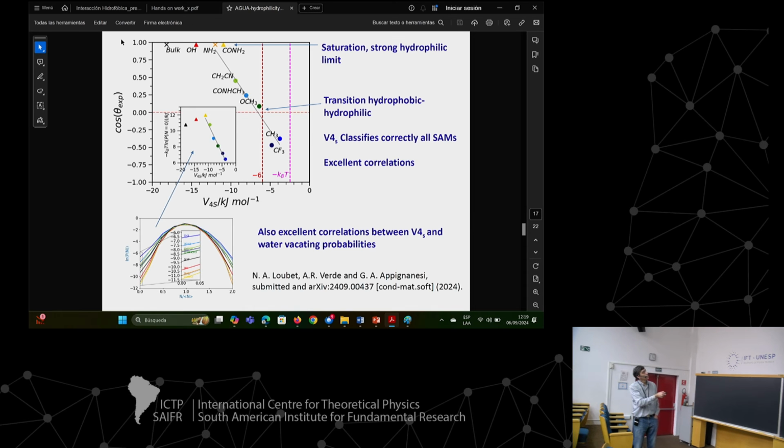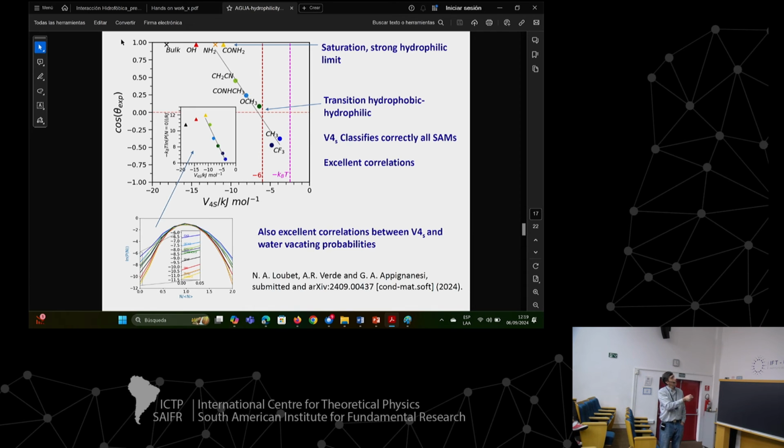And you see this linear behavior here, and all of them are classified according to the experiment. All of these are hydrophilic, and for us, they lie here to the left. And these are hydrophobic.